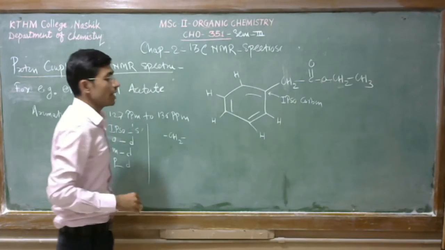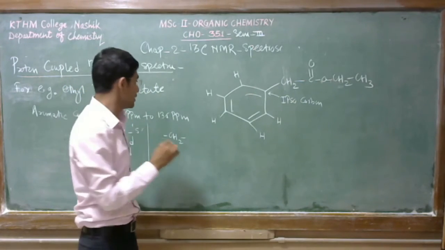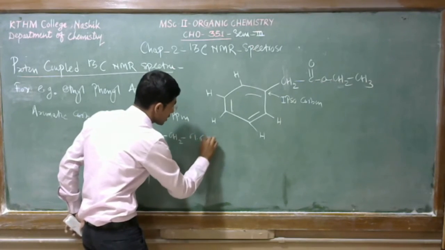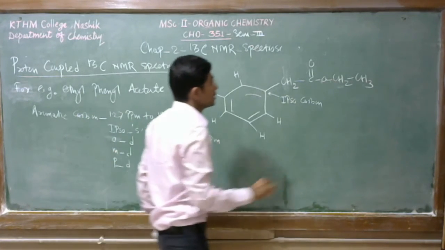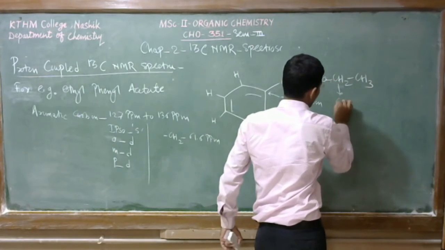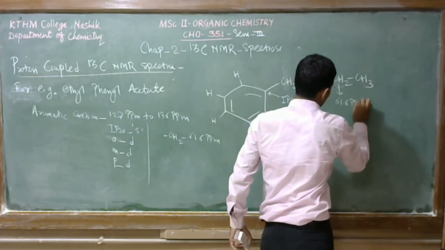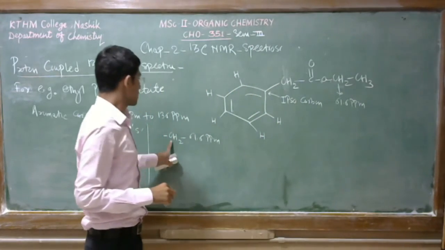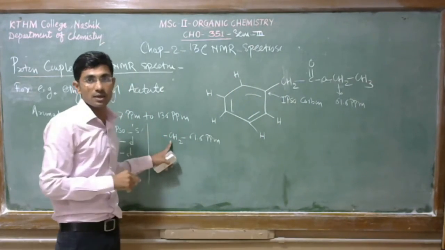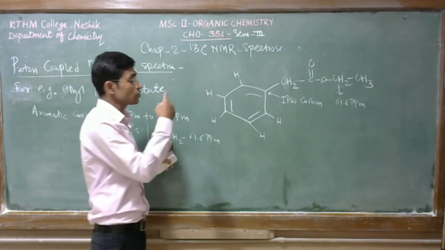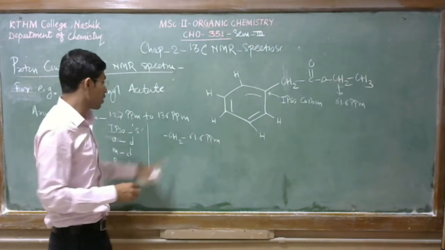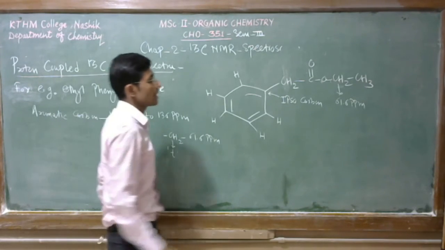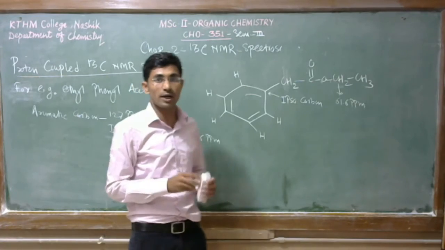Because of the oxygen attachment, this carbon is deshielded, and we observe a value of 61.6 ppm for it. This carbon is attached to 2 protons, so it shows a signal that is obviously a triplet.